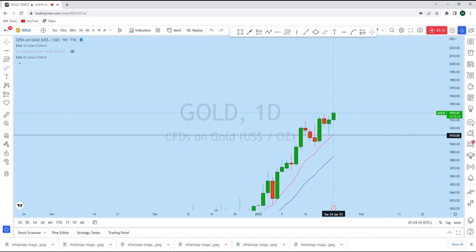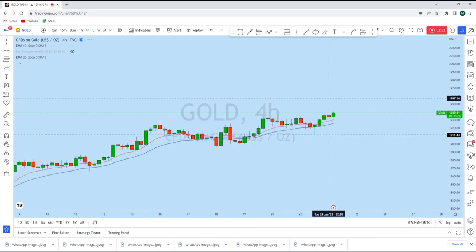After this doji, today we saw a little retracement, and then bulls again pushed the price higher. We can expect this price to continue to go up, as the monthly, weekly, and daily are aligned in the same direction, with an uptrending market structure.